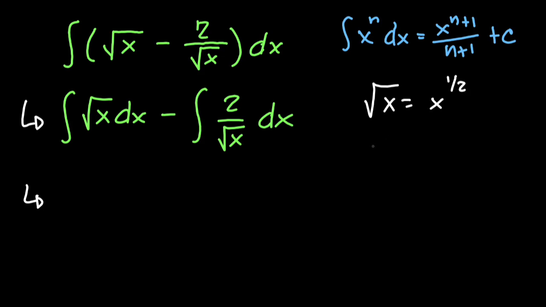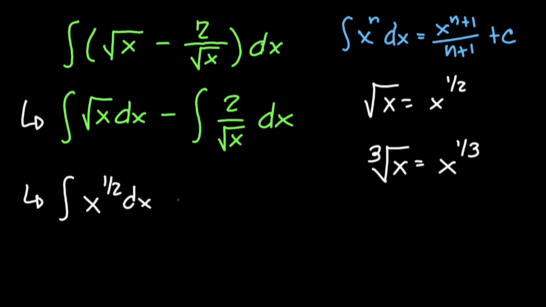If you encounter something like cube root of x, this would equal x to the power of 1/3. Basically, this is automatic too, but no need to put it. So this would be the integral of x to the power of 1/2 dx minus, you can actually put 2 outside, the integral of 1 over x to the power of 1/2 dx.